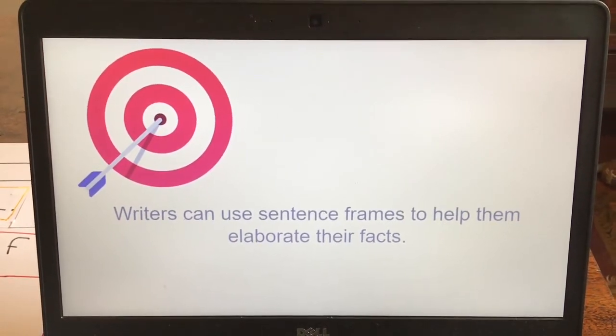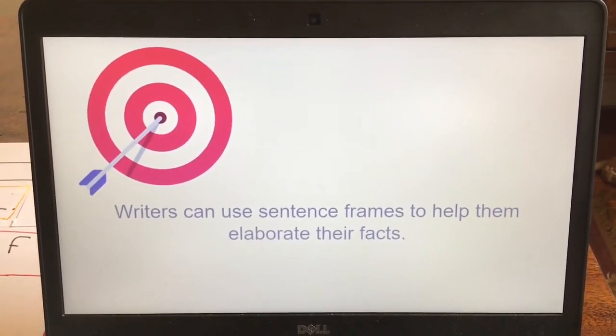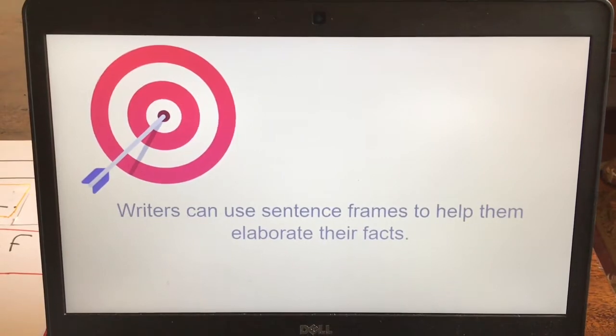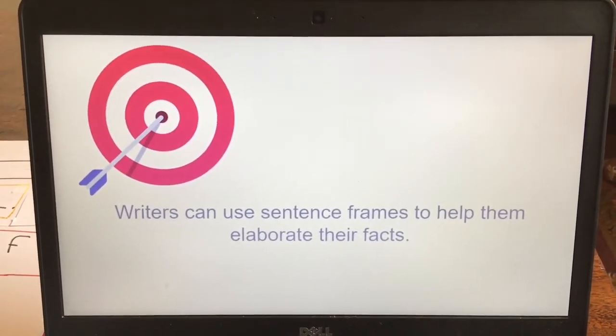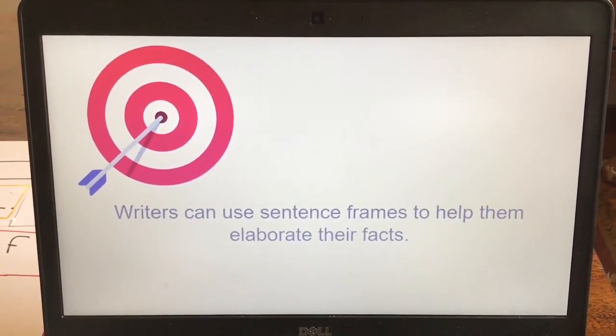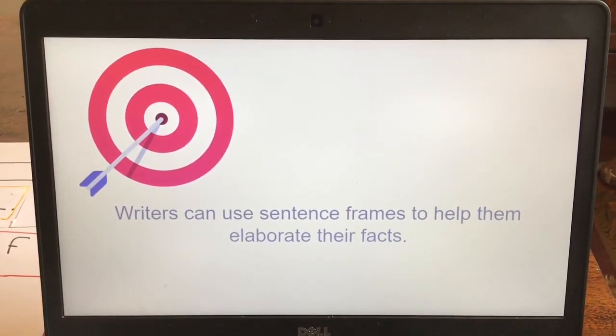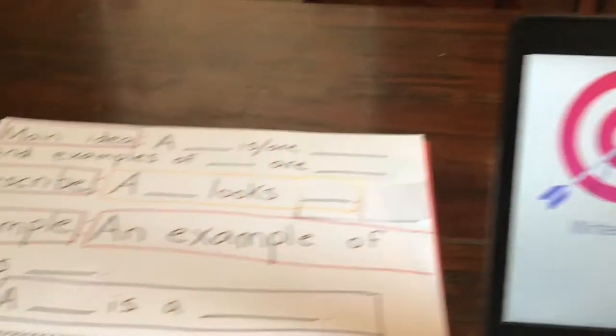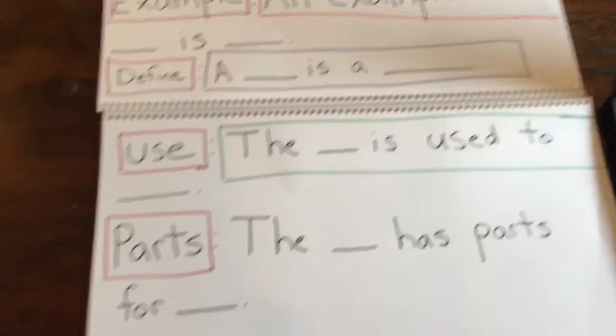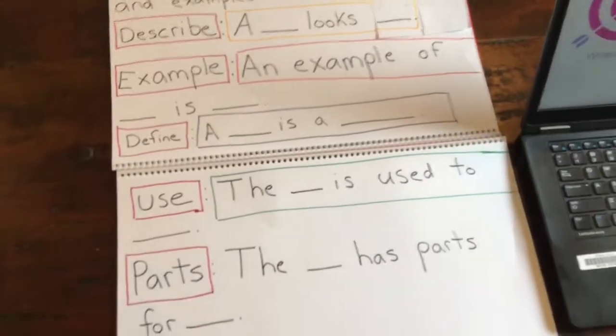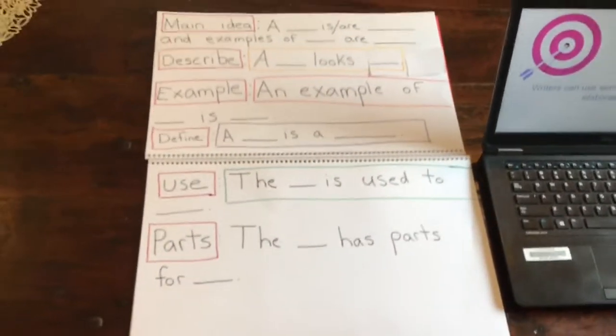Just like when we do the word lady and use sentence frames, you can change the sentence frames. They're just meant to help you if you're stuck. Okay, so let's take a look at our elaboration techniques and our sentence frames.